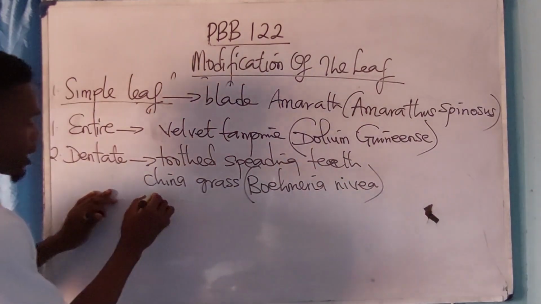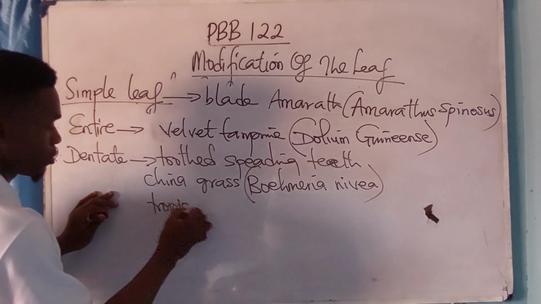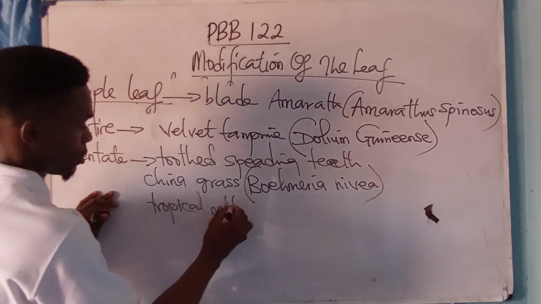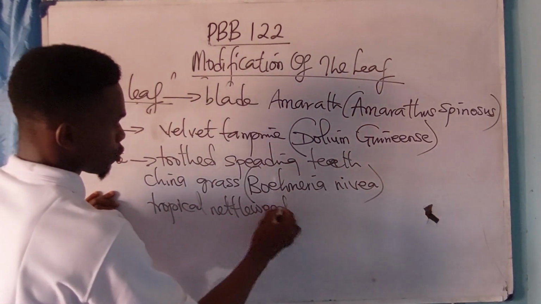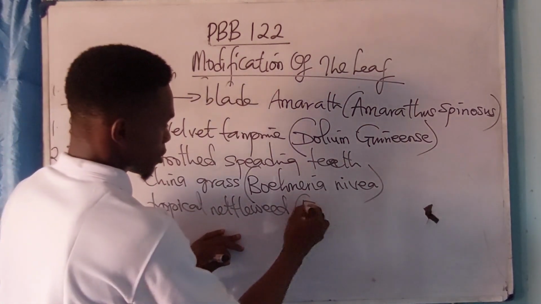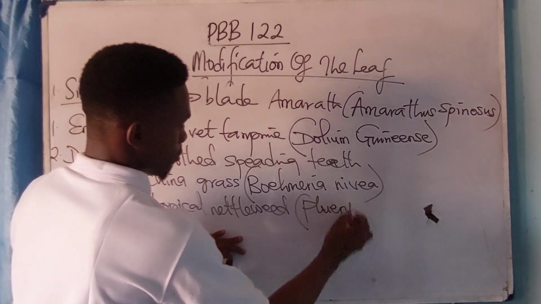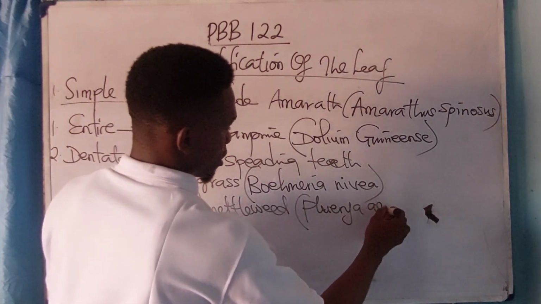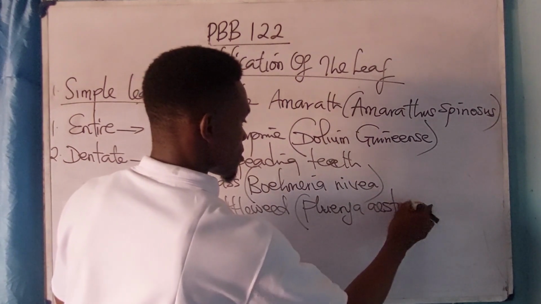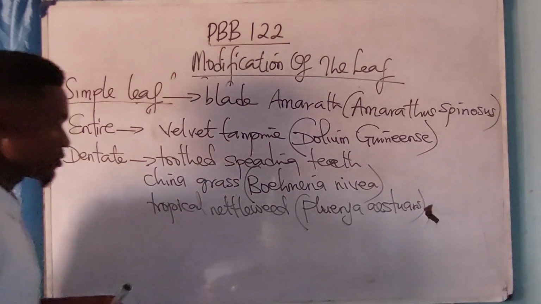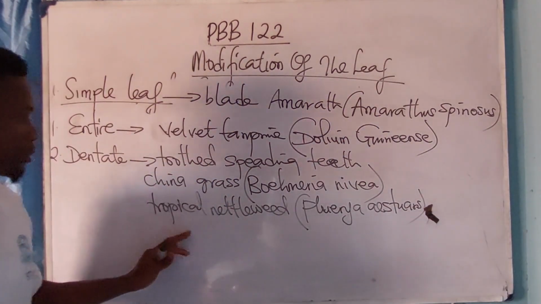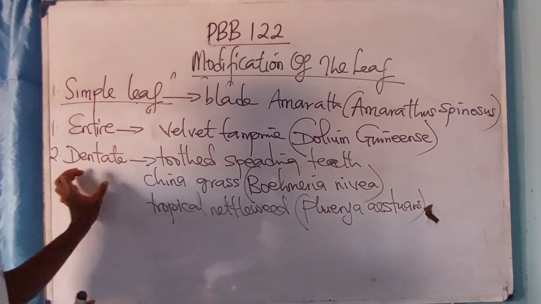That is China grass. Another example is the tropical nettleweed, called Fleurya aestuans. So China grass and tropical nettleweed are examples of dentate.